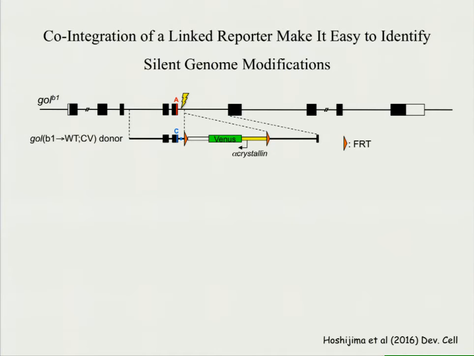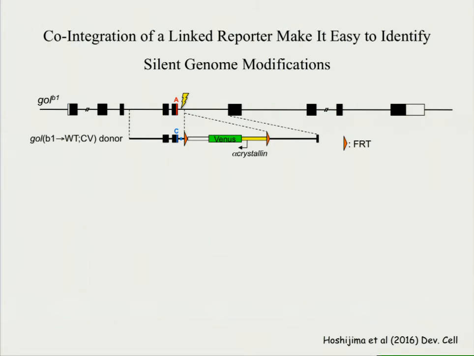As a test case, we prepared the donor DNA in which the golden B1 mutation has been converted to the wild-type sequence, and a reporter has been inserted into the downstream intron.